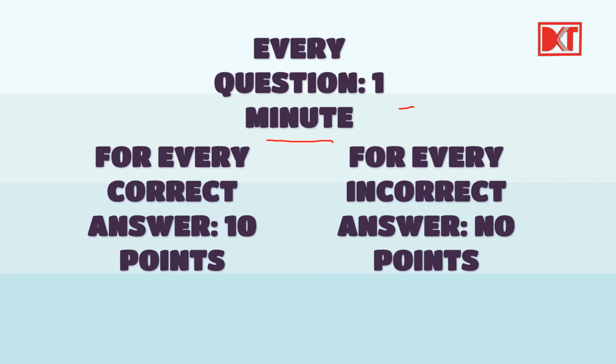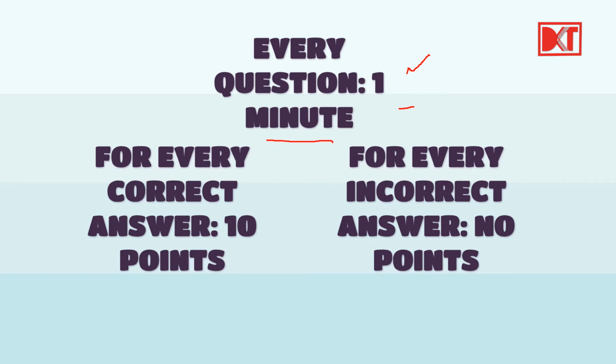Because your question paper of IEO has about 50 questions, so you get more or less a minute to answer each question. This 1 minute is the maximum that you should be taking for answering a question.